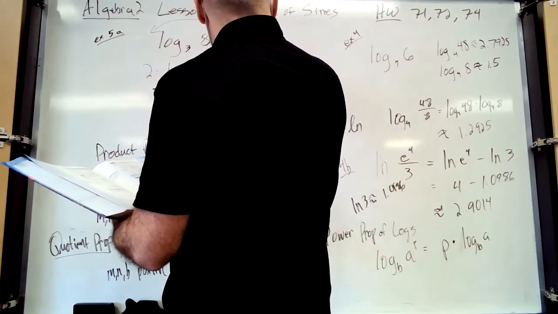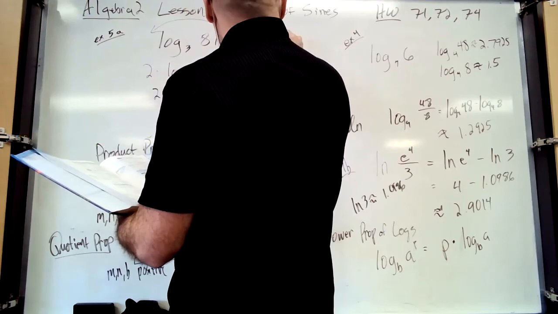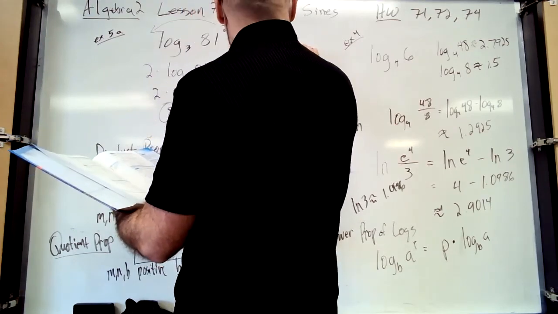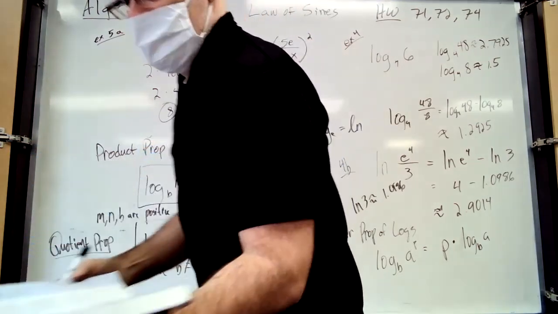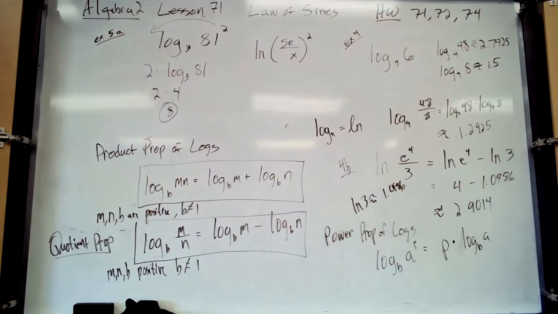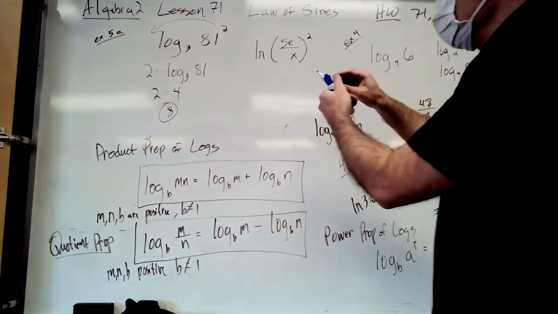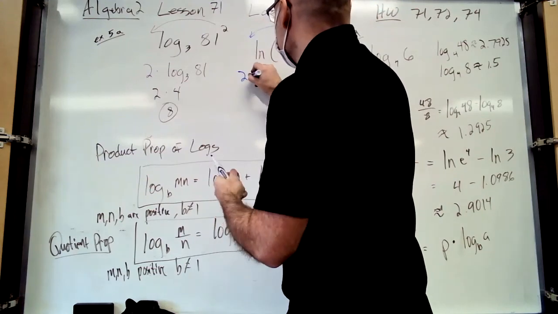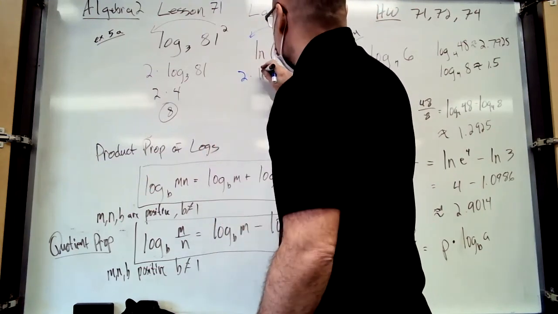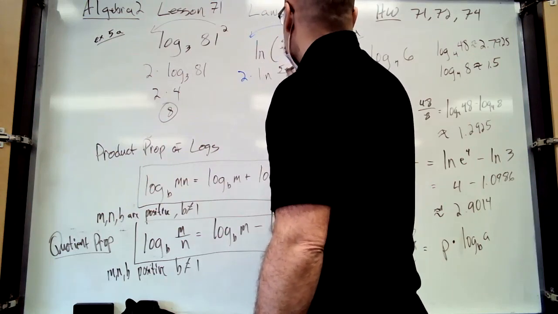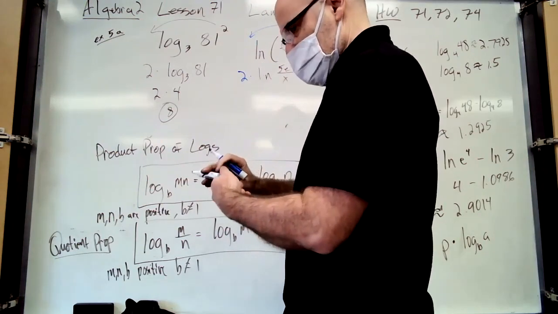What's natural log of 5e over x all squared? Okay, well, let's apply the power rule. Power rule says this guy goes out in front. So 2 times natural log of 5e over x. Well, let's deal with this next.